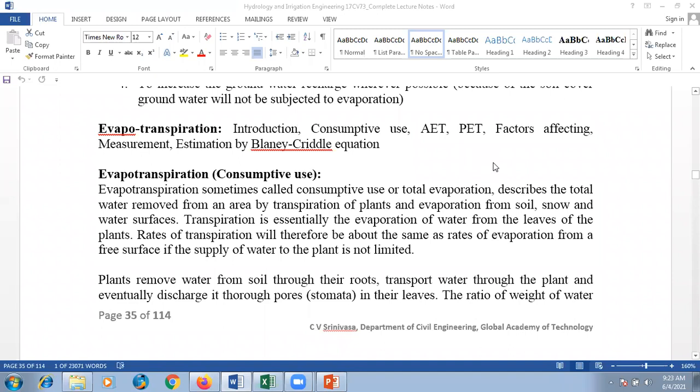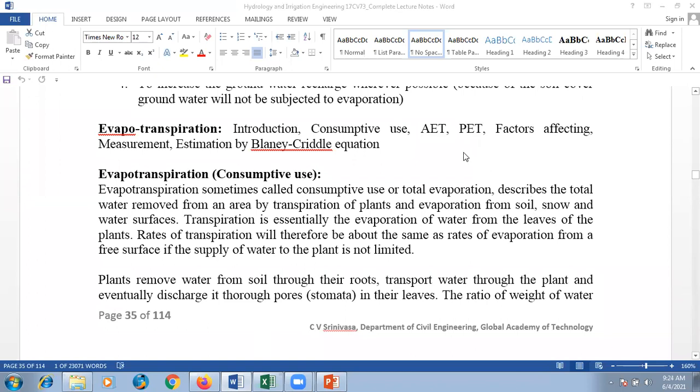Suppose the water content in the soil is at field capacity, then the complete requirement of the plant can be met. In which case the evapotranspiration from the plant will be maximum, and hence it is known as potential evapotranspiration. When the complete water requirement or moisture requirement of the plant is met, that is the maximum it can happen, and that evapotranspiration is known as potential evapotranspiration.